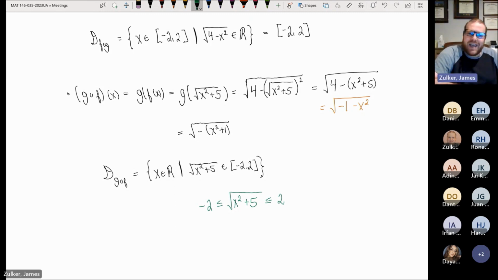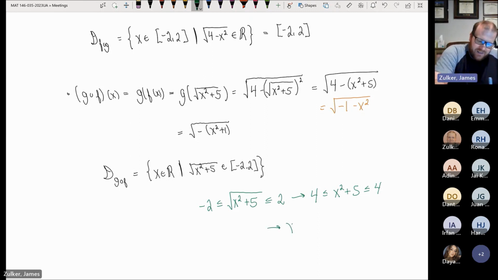So here's the inequality we have. Square both sides, or square everything. Four is less than or equal to x squared plus 5, less than or equal to 4.